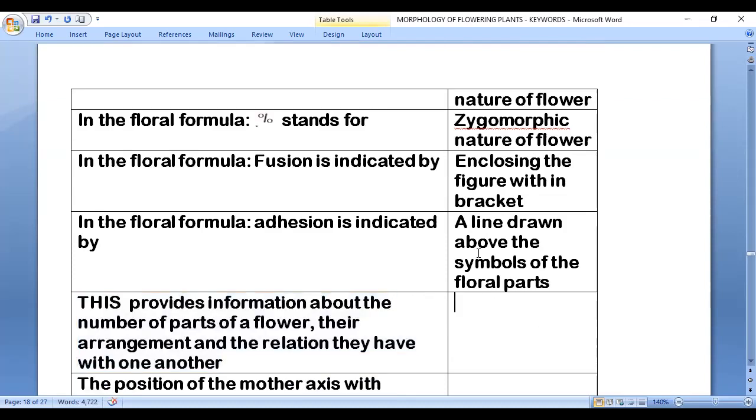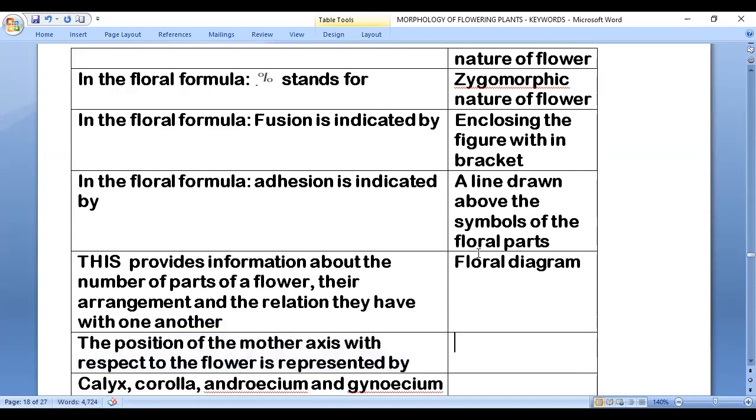This provides information about the number of parts of a flower, their arrangement, and the relation they have with one another. That is the floral diagram. The position of the mother axis with respect to the flower is represented by a dot on the top of the floral diagram.